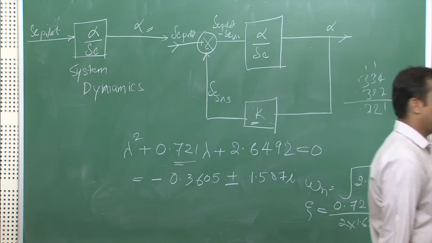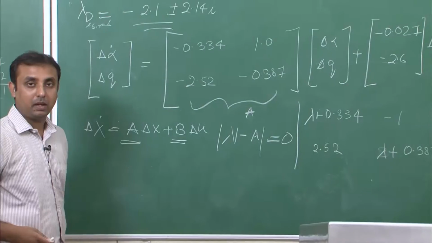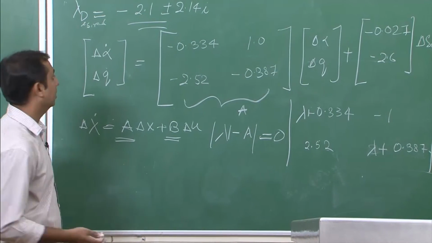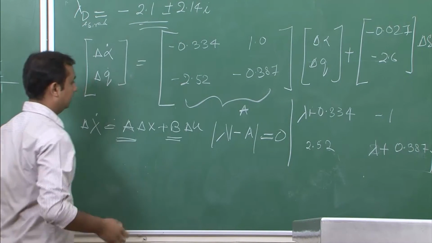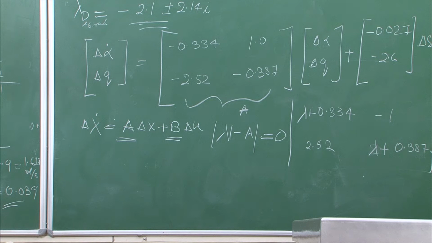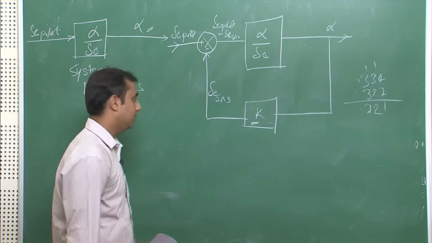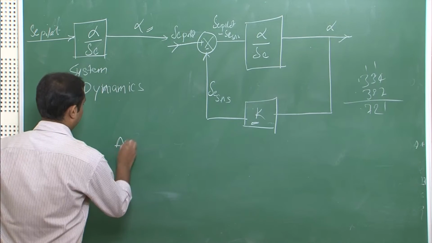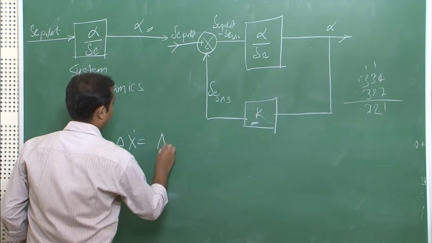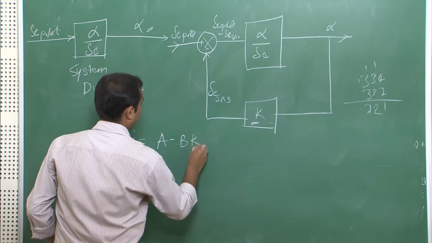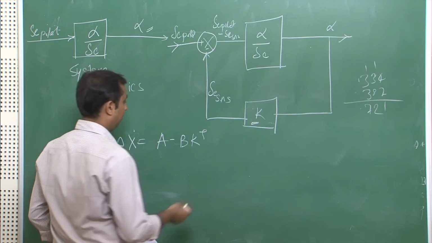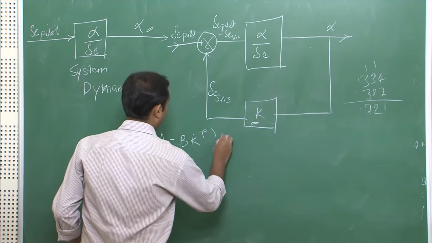Now I have to change this value so that the roots of my new characteristic equation are as desired. So I will be writing my value of delta E in terms of state variables alpha and q. As derived earlier, for stability augmentation, the new matrix is given as x dot equals A minus B K transpose, or K as already told, into delta x.